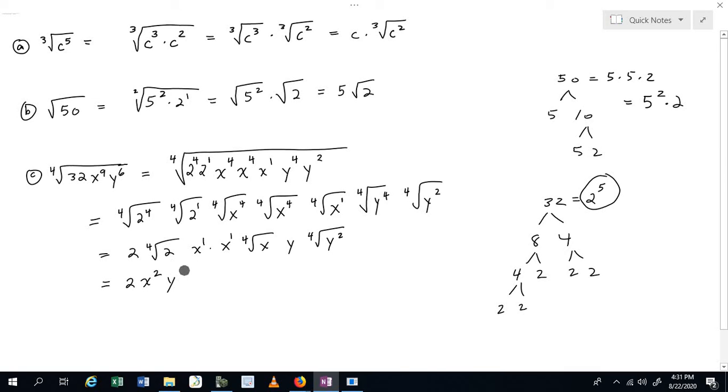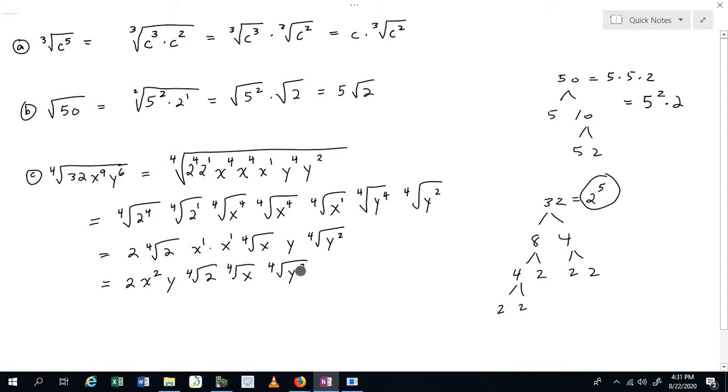And then you're left with the 4th root of 2 times the 4th root of x, but I can put that under the same radical. I'll do that in a second. And then you're left with this 4th root of y squared.